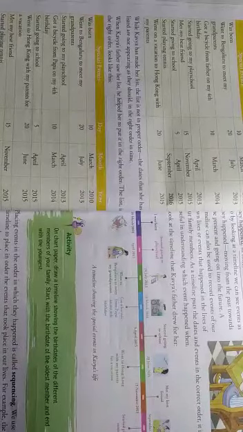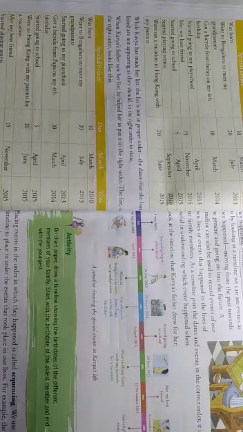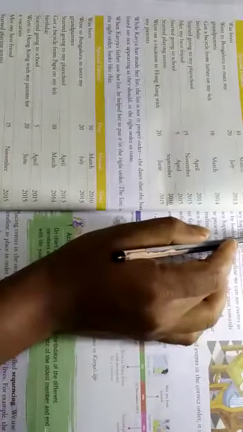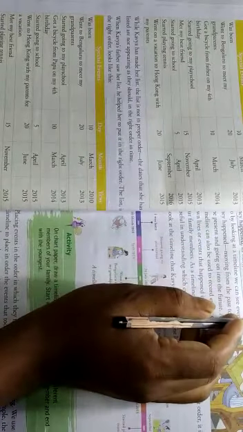Now if we want to define a timeline, you can see a simple definition here. A timeline is a method that is used to draw and show the exact order in which events happened in the past on a horizontal line.